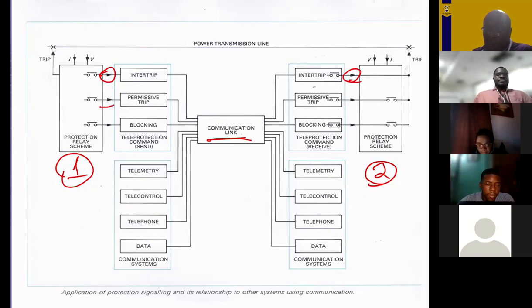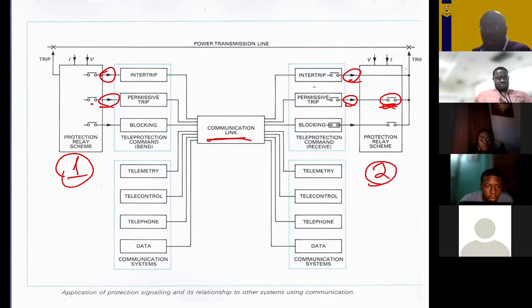Or we can have permissive, once it is received but also supervised at the other end. So what we have inside here is showing supervision. You have to have that and function. So both these normally closed, normally open contacts would have to close. With me?